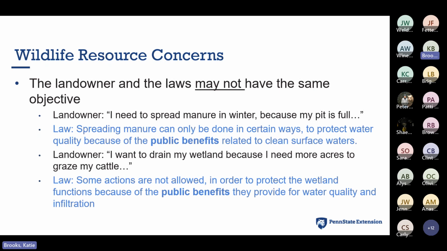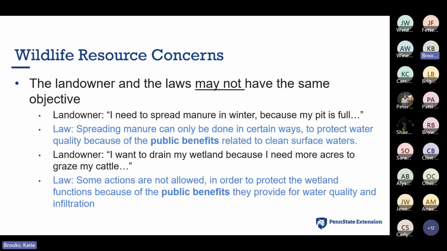So sometimes the landowner and the laws may not have the same objective. A pretty good example is when we talk about manure. So in this example, a farmer says that they need to spread manure in winter because their pit is full. But the law says you can't spread manure at certain times because we're trying to protect water quality, and we're protecting water quality because it has public benefits for clean water for everyone.